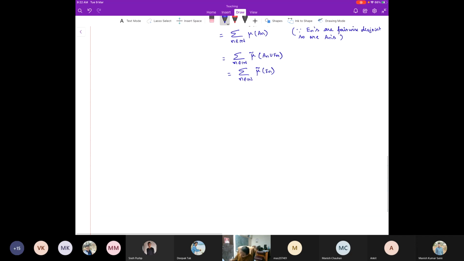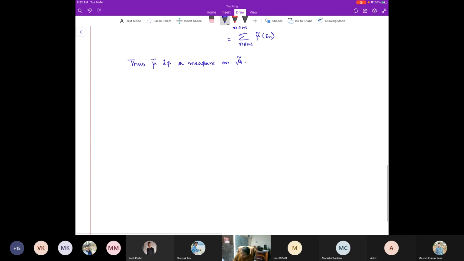Thus, mu tilde is a measure on A tilde. So what have we shown? We have shown that this triplet, omega, A tilde, mu tilde, is a measure space.